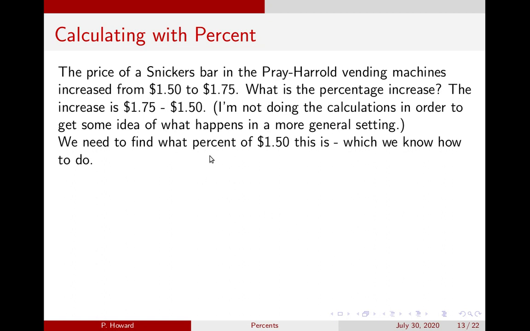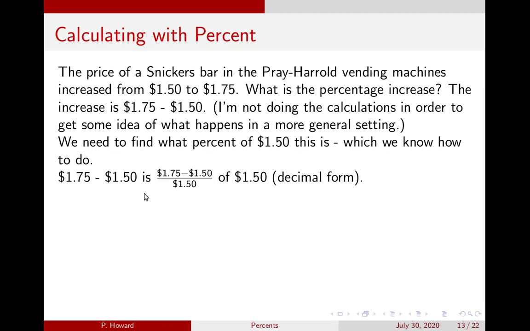Okay, so we need to find what percent of $1.50, the starting price, this is referring to the increase. In other words, what percent of $1.50 is $1.75 minus $1.50? We know how to do this. To get the percent of $1.50, you divide by $1.50.